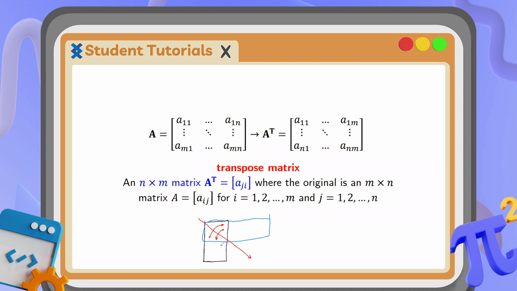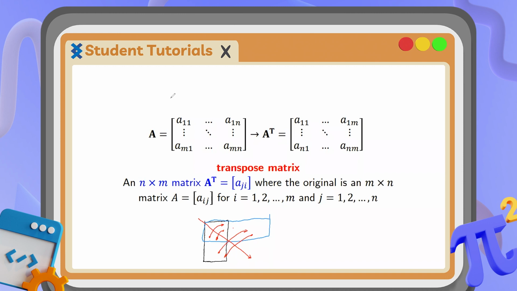And then elements that go here would also go there. And if you're starting with this blue matrix, then elements that go over here would go here, and here would go here.